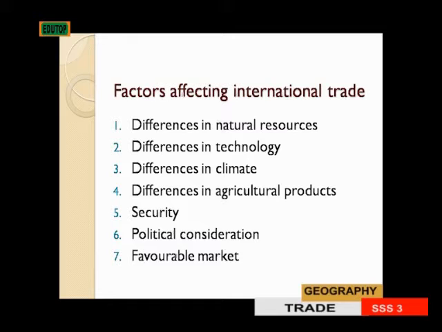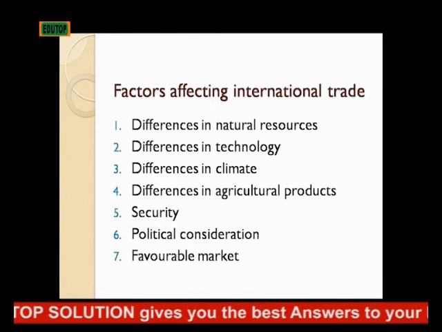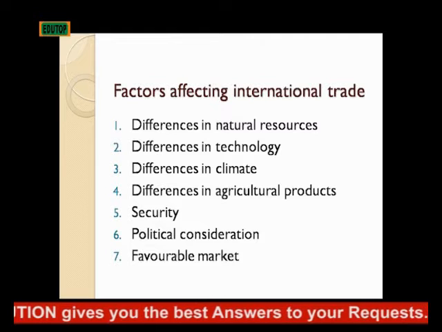As a result, they will also need to carry out international trade to make it available in the other area where the technology is not available. Differences in climate also support production of different types of crops or agricultural products. As a result of differences in climate, different products are made available at different places and at different times. So this also enhances international trade.